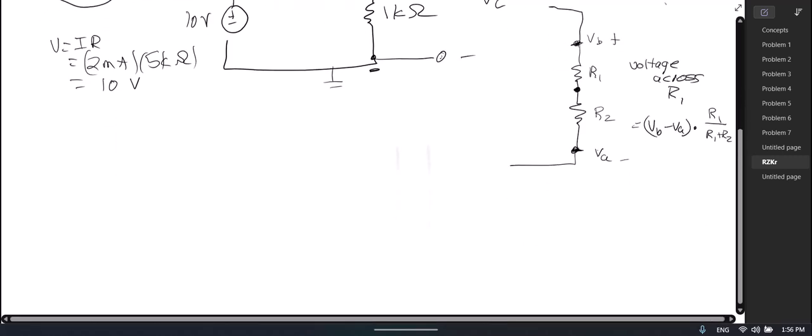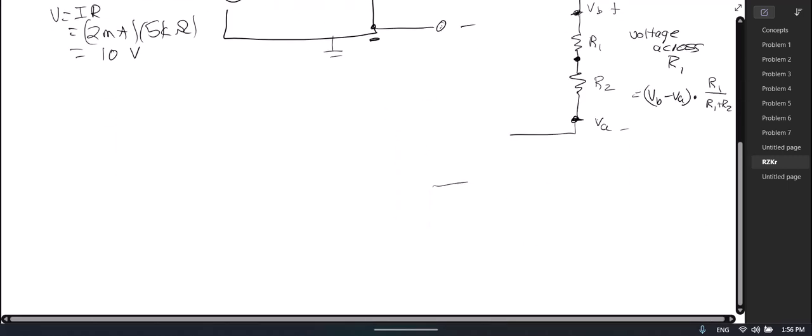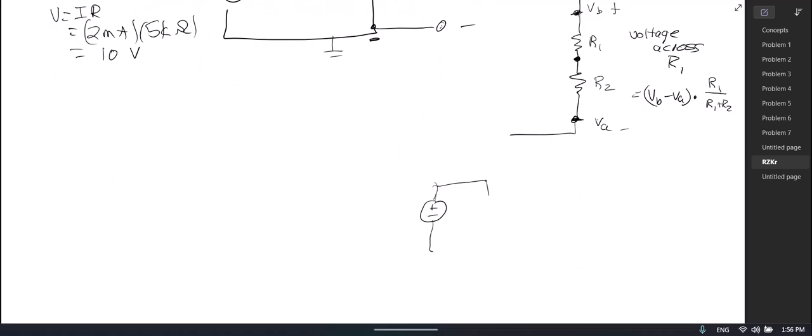So as an example of this, let's say I had lovely resistors. What's the R1 divided by R1 plus R2 from again? This is voltage division.